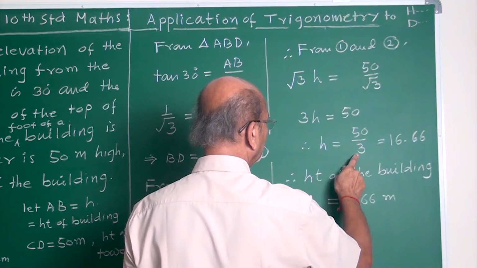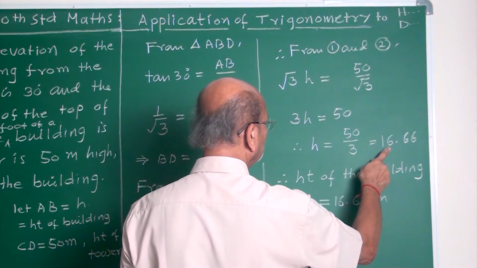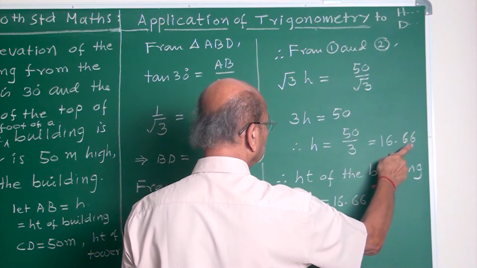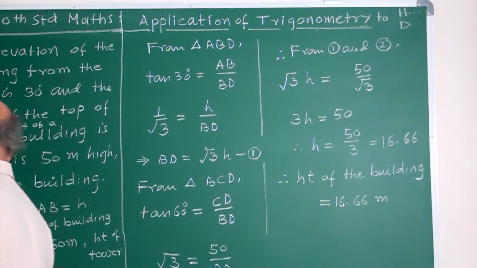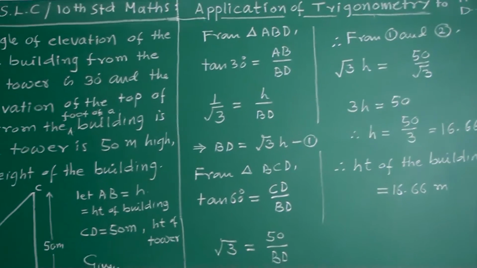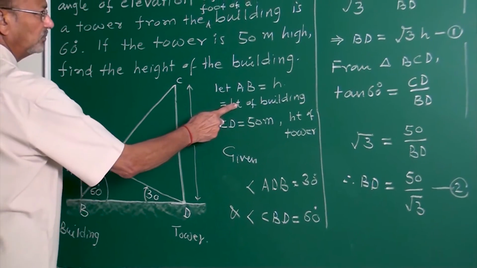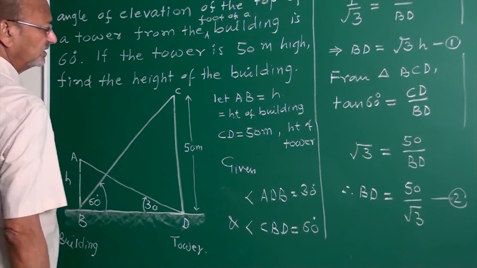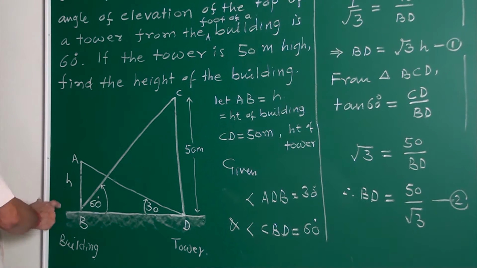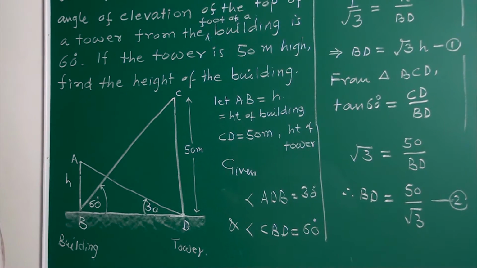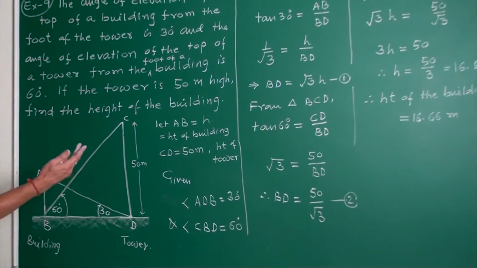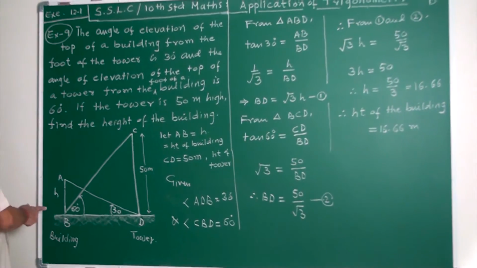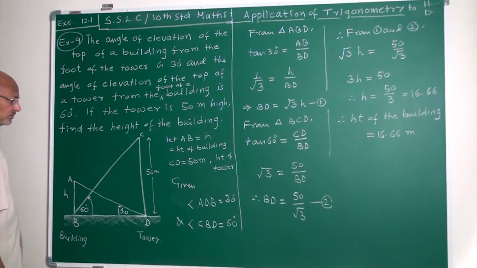Divide 50 by 3, that is 16.66. Therefore, this h is nothing but the height of the building. The height of the building is 16.66 meters.